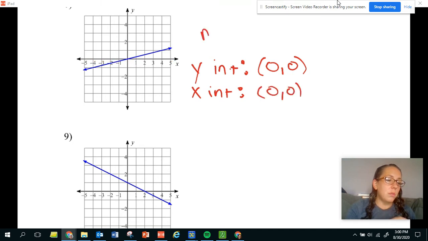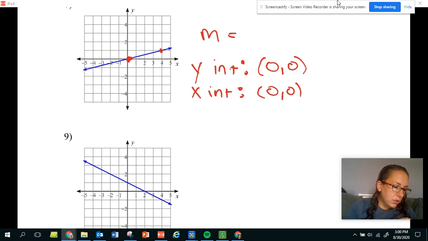Now slope, this is where those R words come into play. So it's rise over run. I recommend putting a little dot at your y-intercept, and then find another point where it's going to touch the corner of one of those boxes. Like it's got to cross exactly at that point.